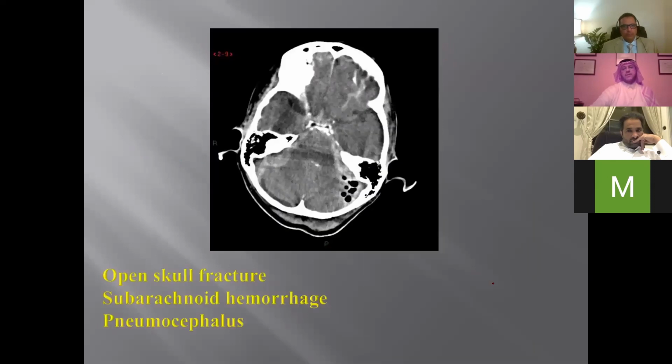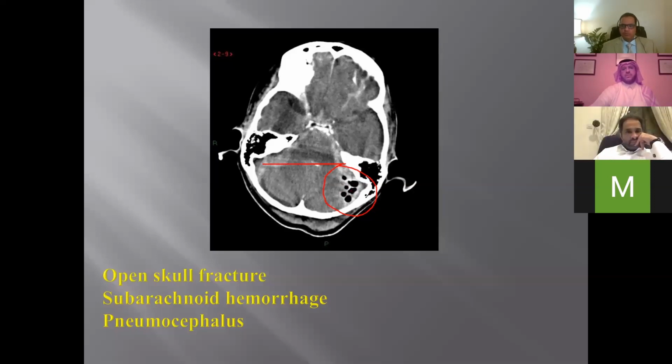Again, this is another patient who presented with an open skull fracture. As you see, there is a pneumocephalus here. That means there is air inside the skull. This indicates there is open skull fracture, or there is another cause, but this is the view it shows.